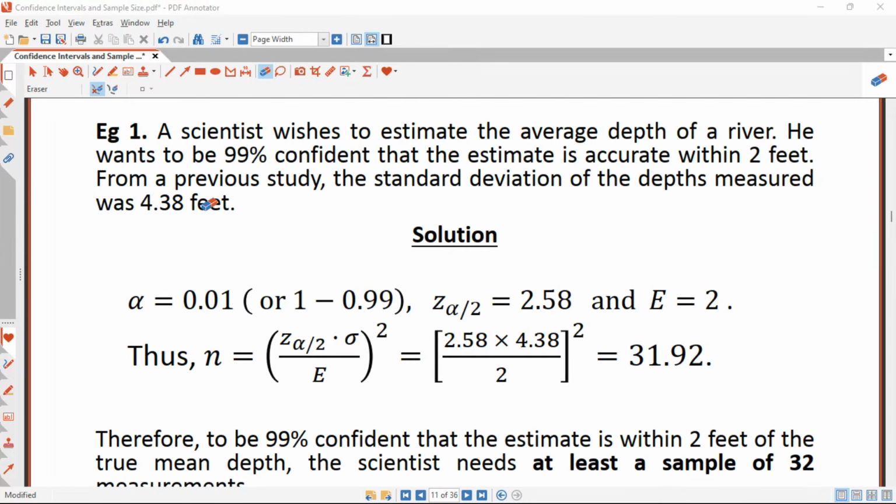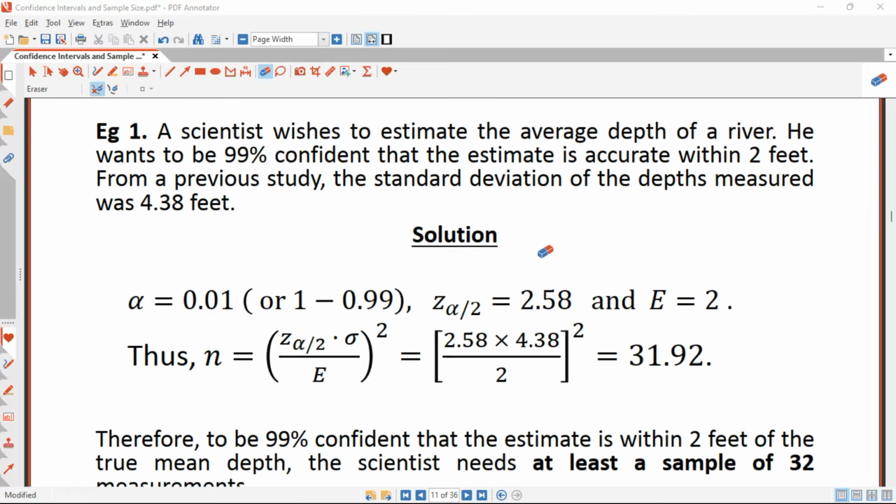We have been asked to estimate the average depth of the river, so we have to calculate our n. In the formula, n is equal to z subscript alpha divided by 2 times the population standard deviation divided by our margin of error, all squared.